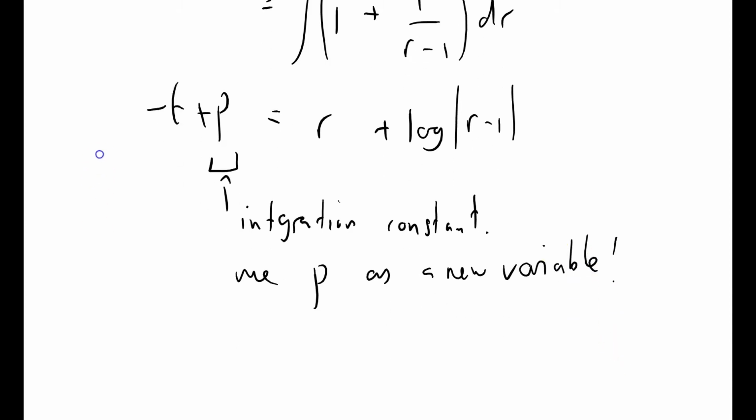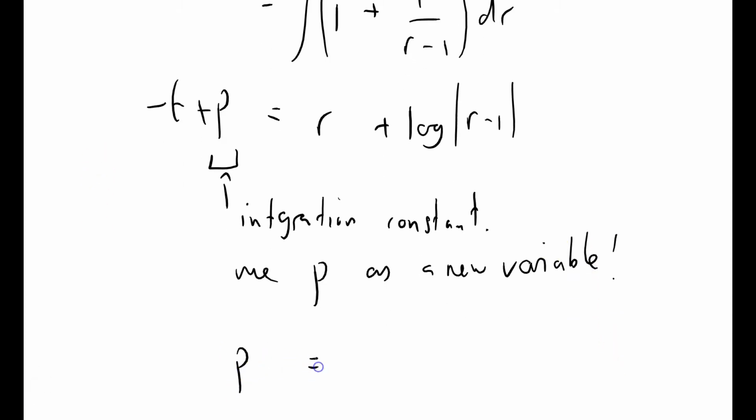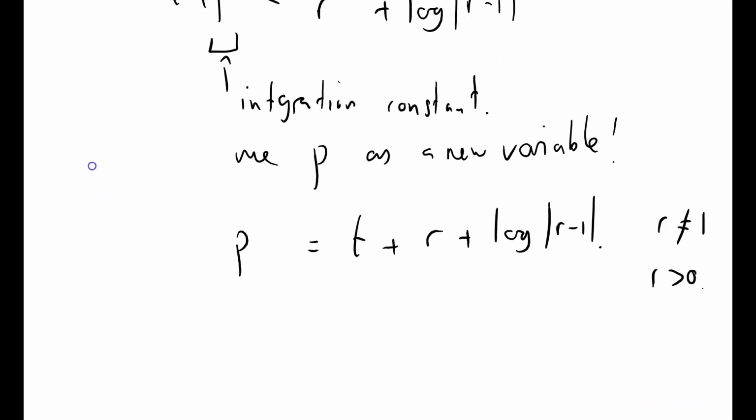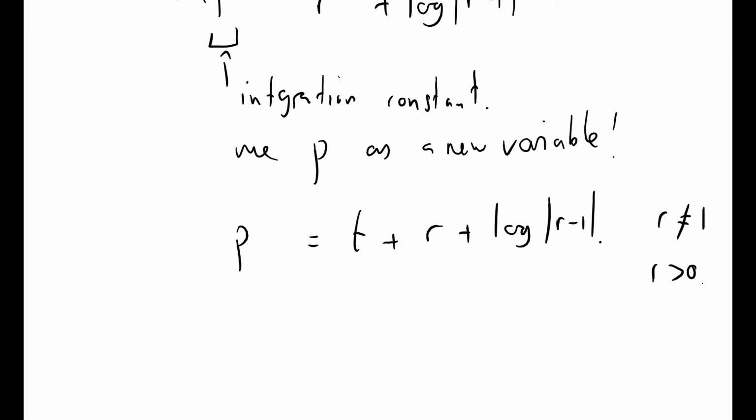That's nice. So what does it look like? p equals t plus r plus log of the modulus of r minus 1. Notice this works for anything except r equals 1 itself. We can have r being greater than 1 or less than 1, so long as r is positive, and we're always going to assume that r is positive here.